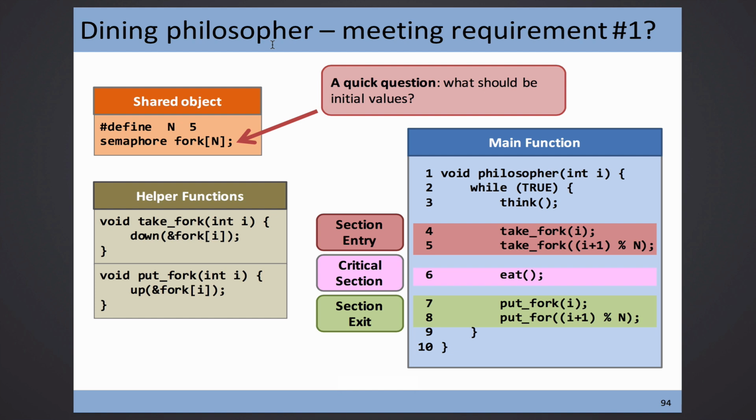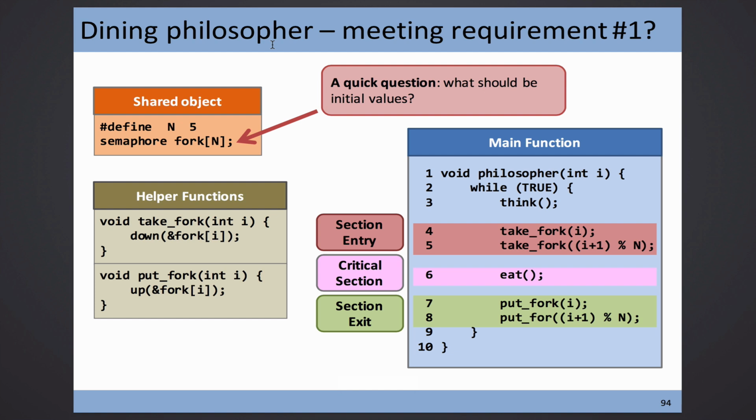So that if you own that fork, I will decrement the binary semaphore from 1 to 0 so that another guy cannot take it. So this quick question: what should the initialization value be?